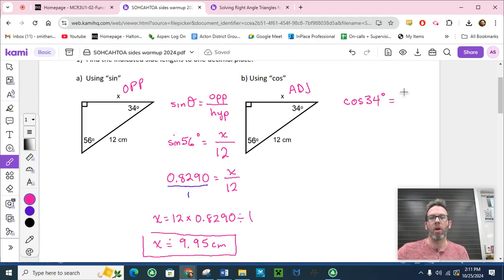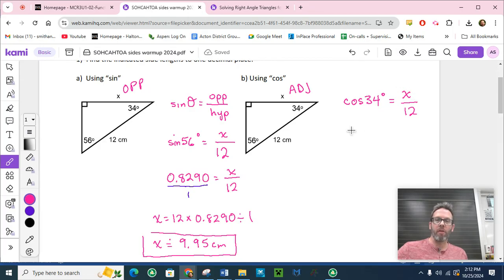I'm going to show the minimum work for this one. I want to see what you're setting up for your ratio, and I want to see what calculation you're putting in your calculator. But then I'm okay with you just giving me an answer.